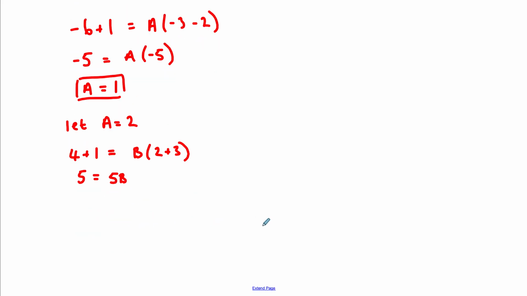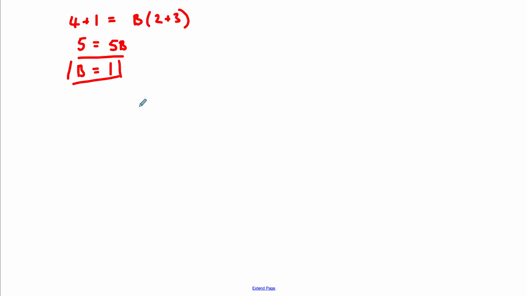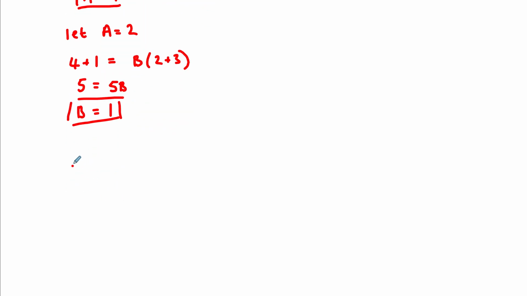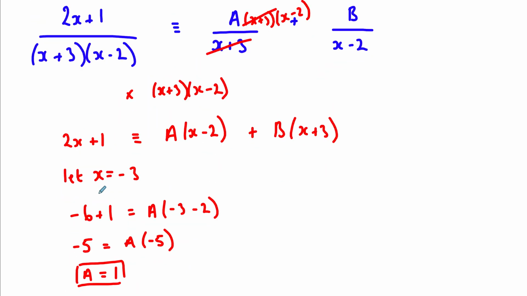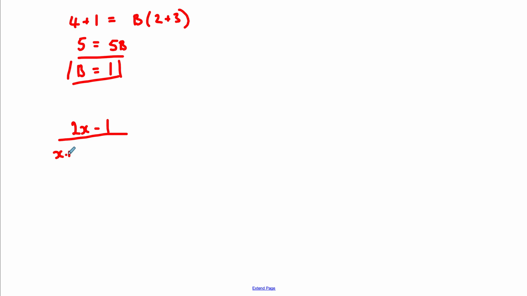So a really simple example, in both of these cases b is equal to 1 and a is equal to 1. That's nice and straightforward, but what that now means is we can go back and write out the fact that (2x + 1) over (x + 3)(x - 2) can be written instead as 1 over (x + 3) add on 1 over (x - 2).